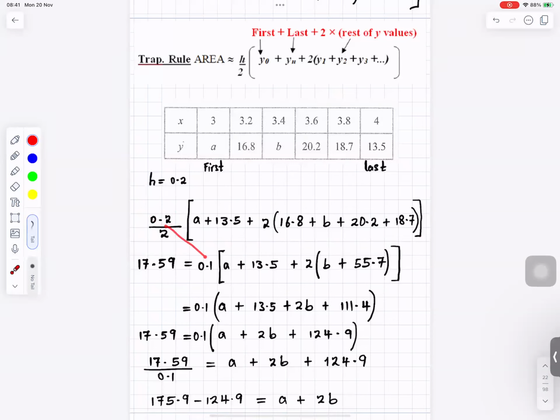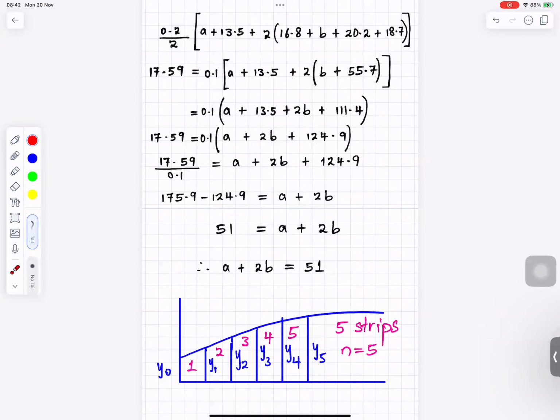I did 0.2 divided by 2, gives 0.1. I add these two together, and then I add these two and this one, 1, 2, 3, to give me that 55.7. And you carry on doing all the algebra and simplifying until you get to the bottom part.